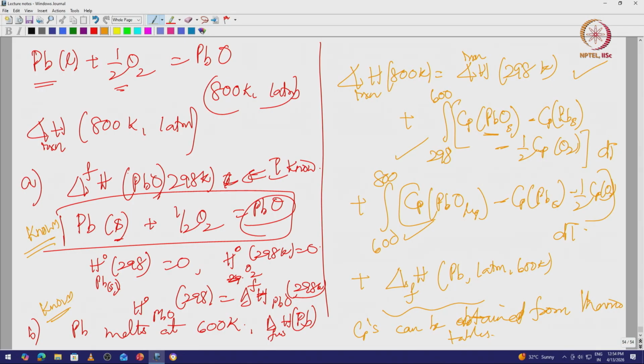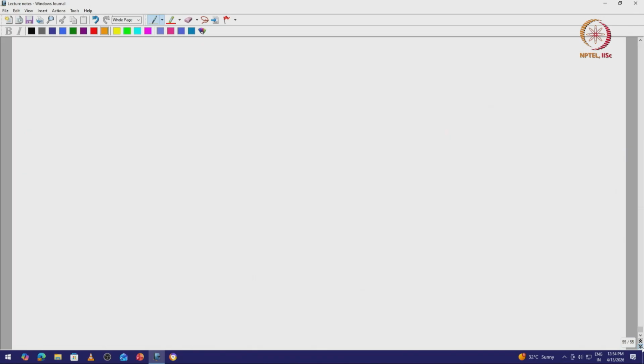Delta H fusion is something that I have given you. So, I know all of these, and I can estimate the delta H of reaction at 800 Kelvin. All right, let us move on.